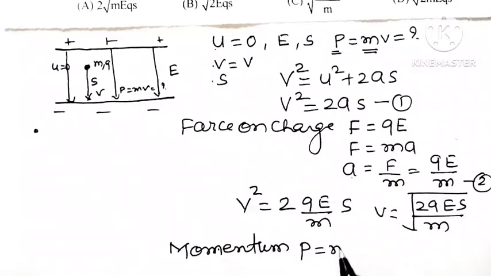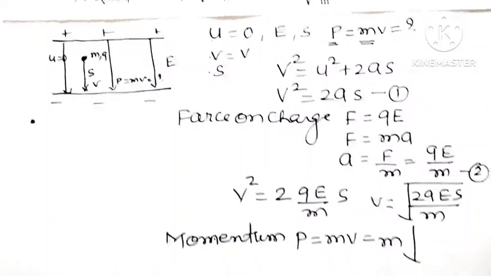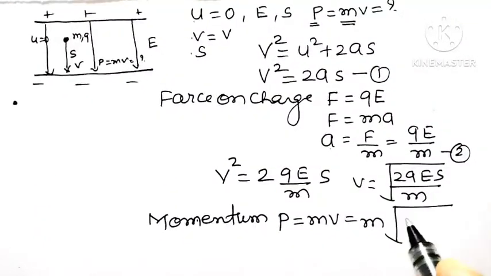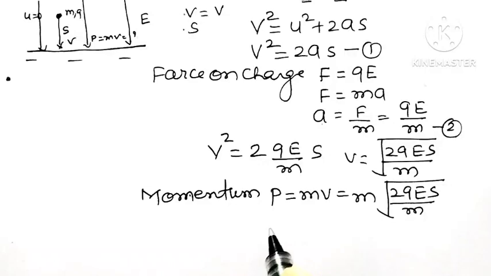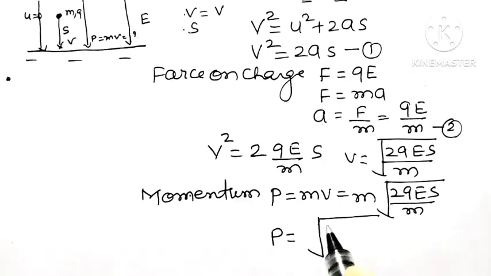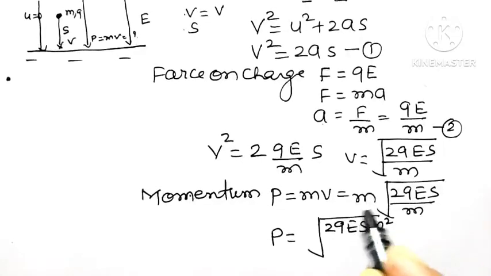p is equal to m into v, that is equal to m into the square root of 2qEs divided by m. When this m is taken inside the square root, p is equal to the square root of 2qEs m square divided by m.